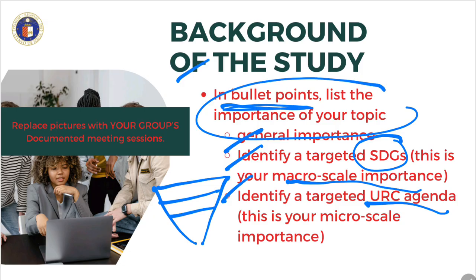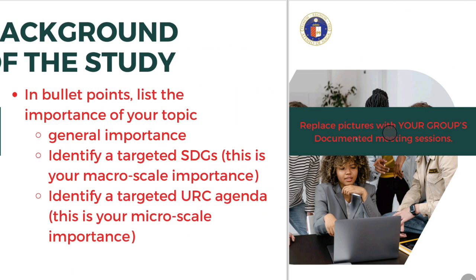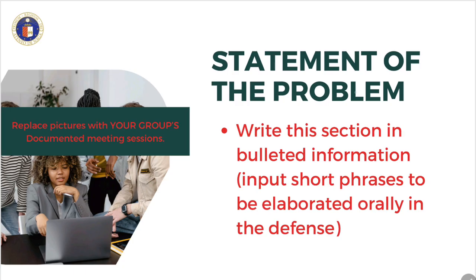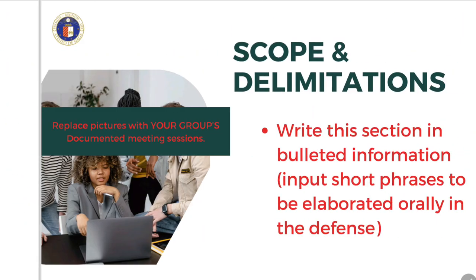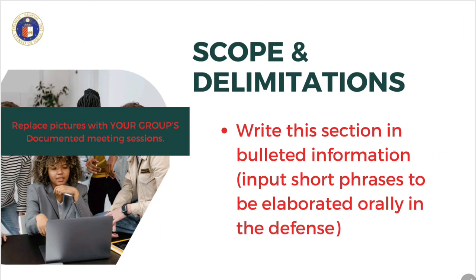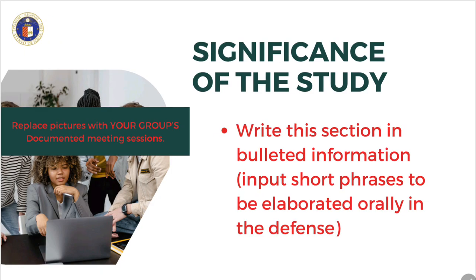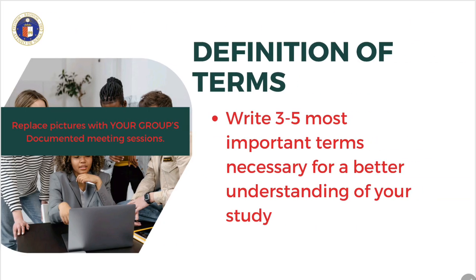So again, bullet points. This will also be observed in the other sections like statement of the problem, scope and delimitations, significance of the study, even in the definition of terms, all right? So just have bullet points and elaborate them during your presentation.